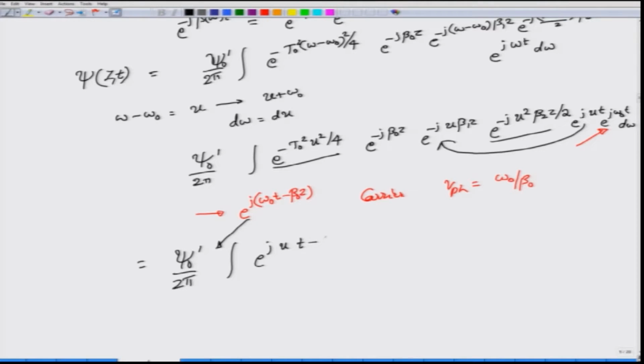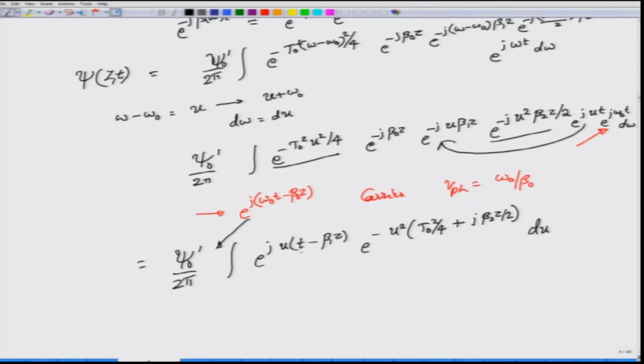So, I can write this as t minus beta 1 into z. Okay. Interesting, I have t minus beta 1 into z, and then I have e to the power minus, first there is u square, then you have t 0 square by 4 plus j beta 2 z by 2. Is that okay? So, this is this one integrated of course with respect to du.